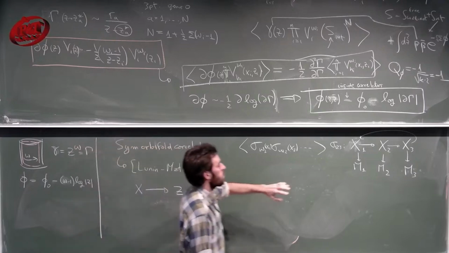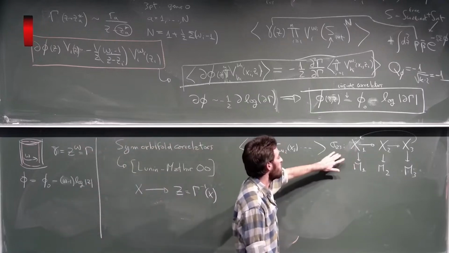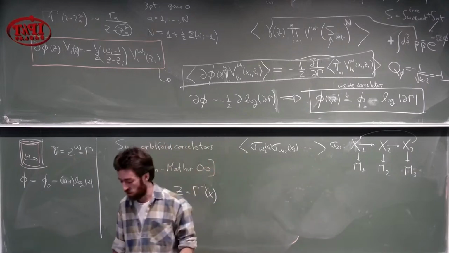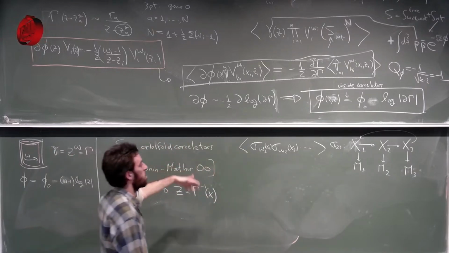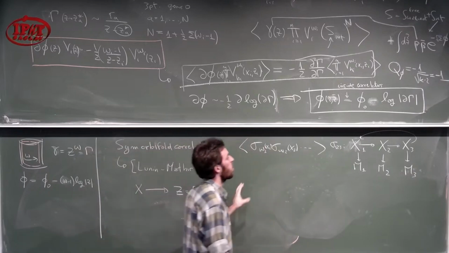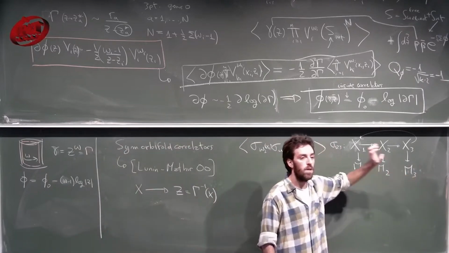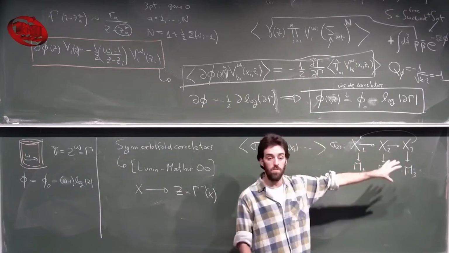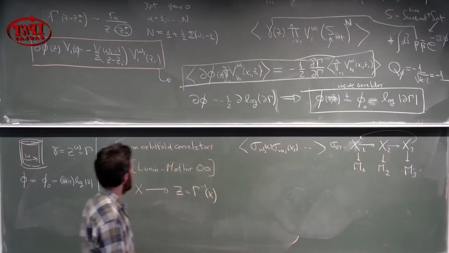These twist operators have some weight, they have some further properties, and you can compute this correlator, and this is kind of the main thing that you want to do in symmetric orbifolds, and then you just see what happens with the rest of the operators. But the main point is you have a lot of copies of your theory, and you want to allow for these non-trivial boundary conditions and compute what they do in a correlator.